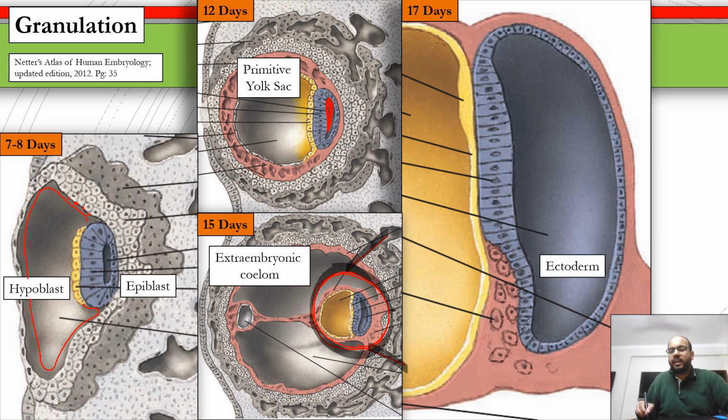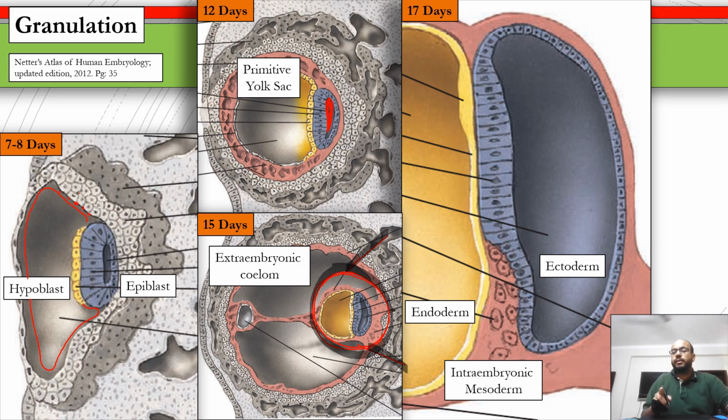So we have the cell lining now lining a cavity. That lining will now be known as ectoderm. Same thing happens below, and that lining will be known as endoderm. And then you have the layer in between, which is intraembryonic mesoderm. The lower cavity is now the yolk sac, while the upper cavity is the amniotic cavity.